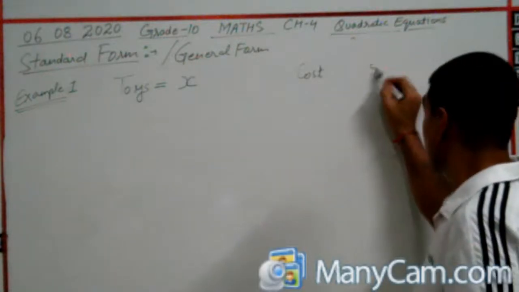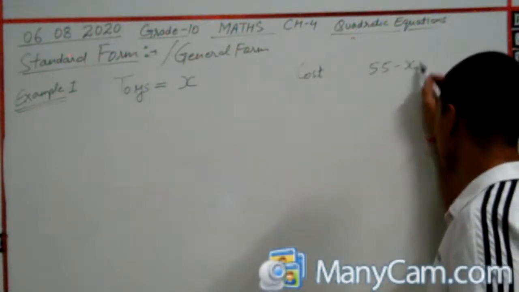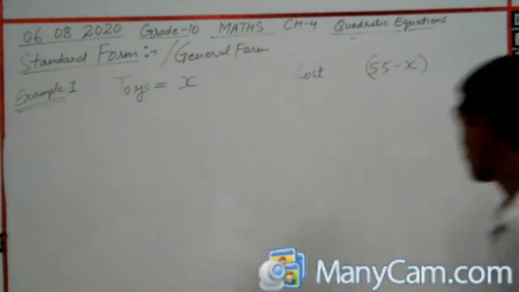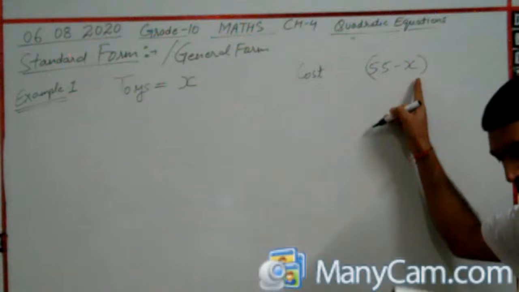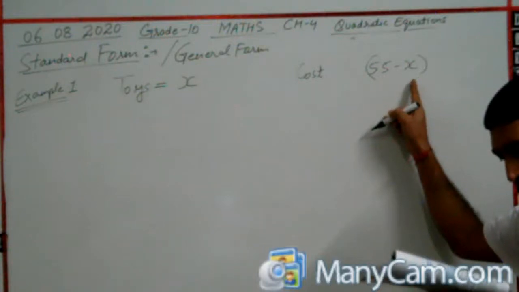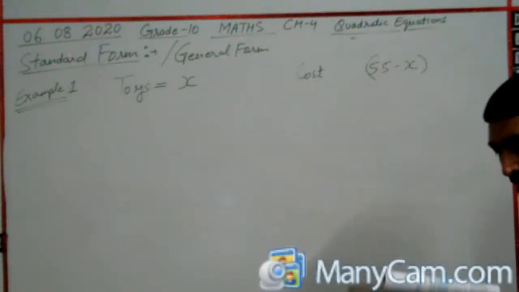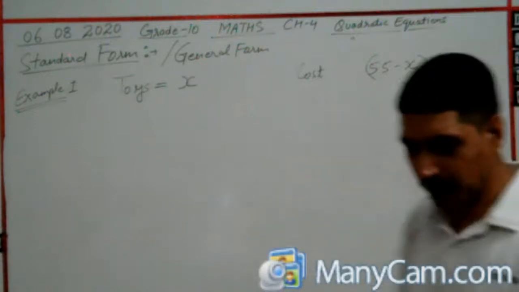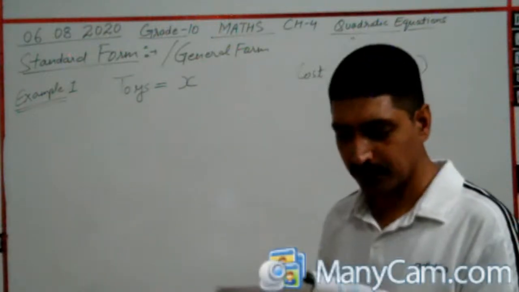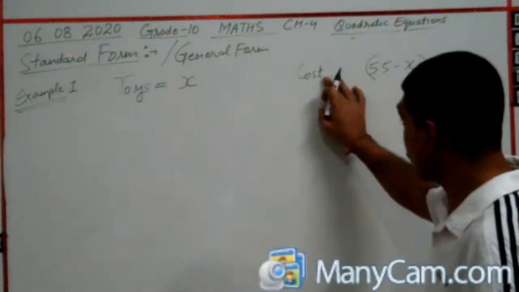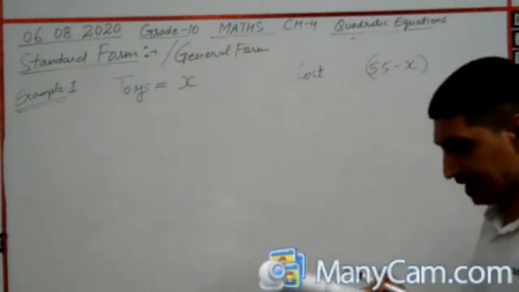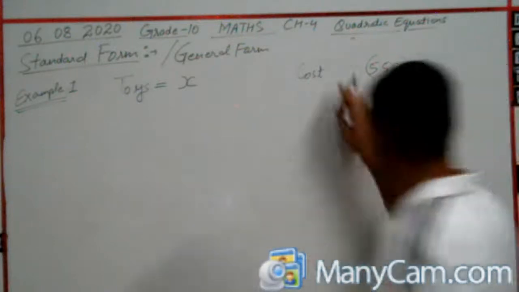Cost is 55 minus the number of toys produced in a day, and on the particular day the total cost of production was 750. What do you mean by this? It is the cost of producing each toy.